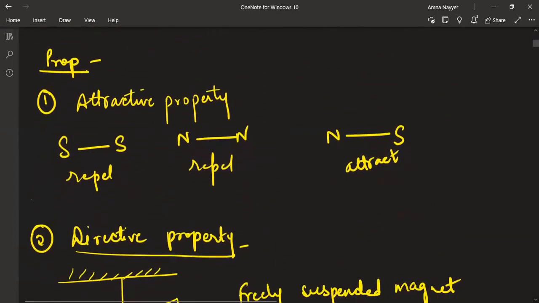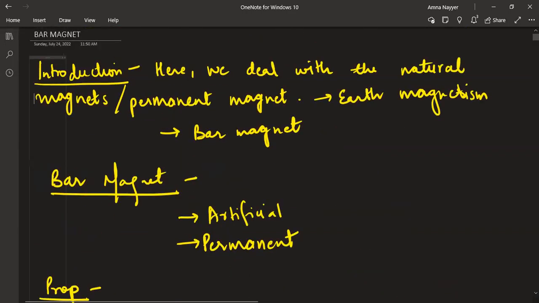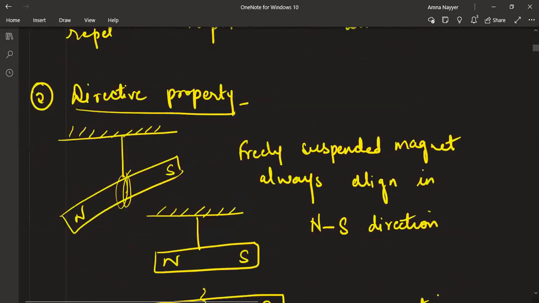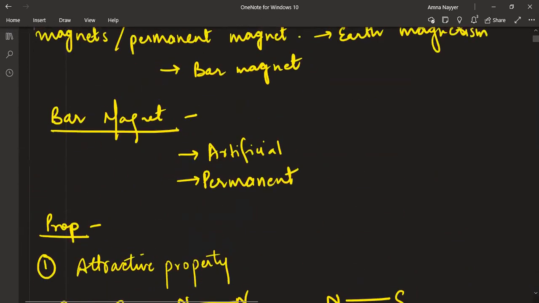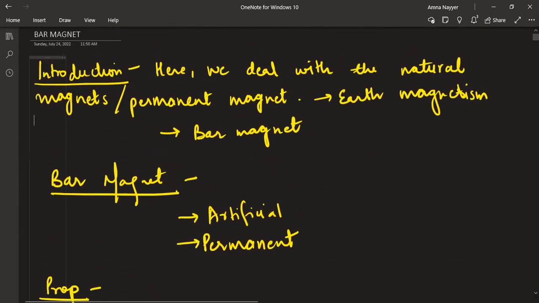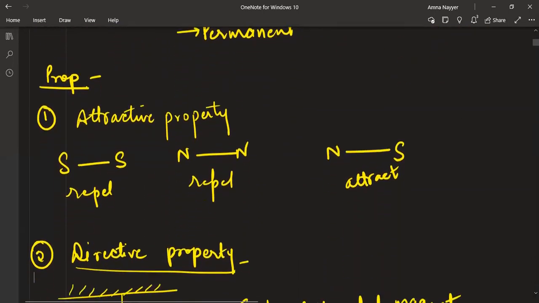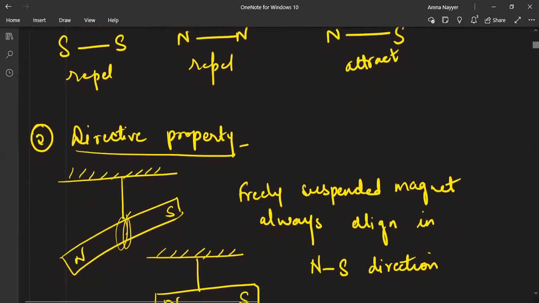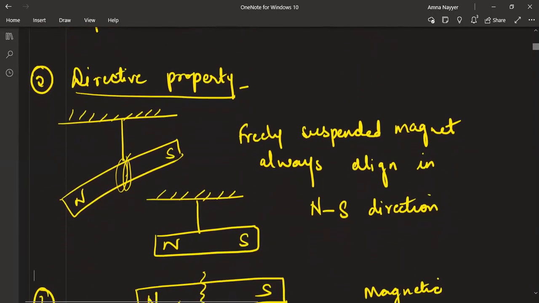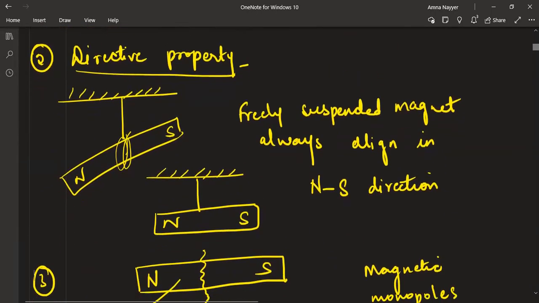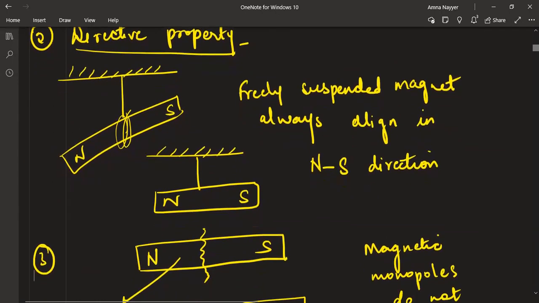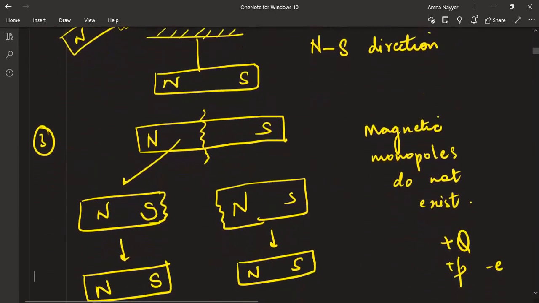Firstly, four properties are there for a bar magnet. The first property is the attractive property, which means north and south poles attract each other. The second property is the directive property, which means if a bar magnet is freely suspended, it will always align itself in the north-south direction.